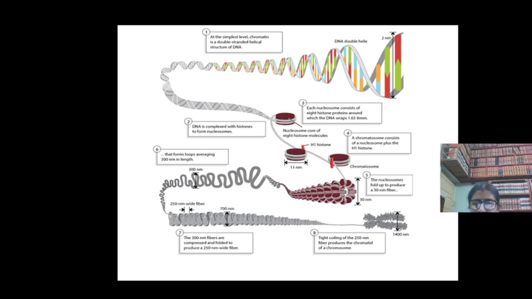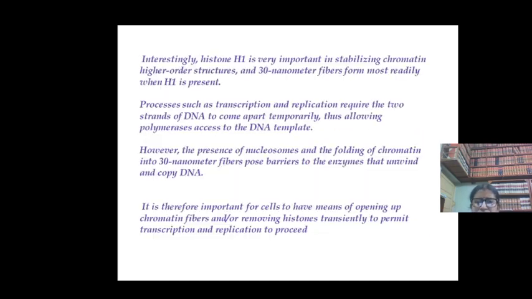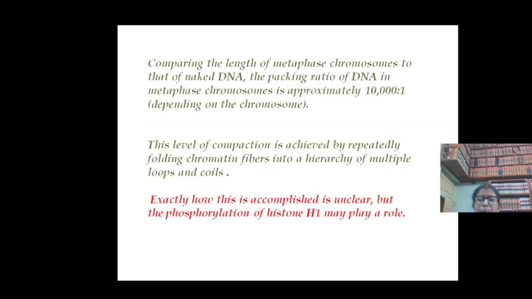So from the 30 nanometer fiber you will have now 300 nanometer. Okay, 300 nanometers. So how does it occur? Comparing the length of the metaphase chromosome to that of a naked DNA, the packing ratio of DNA in metaphase chromosome is approximately 10,000:1 depending on the chromosome.